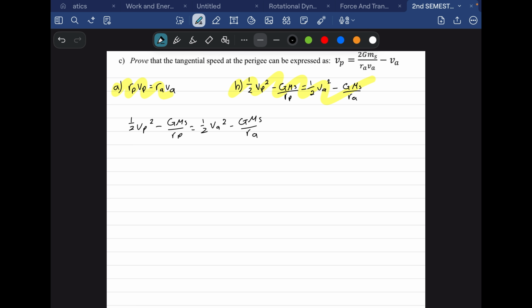So I'll move the velocity terms, the KE, to one side, and the potential energy to the other side.